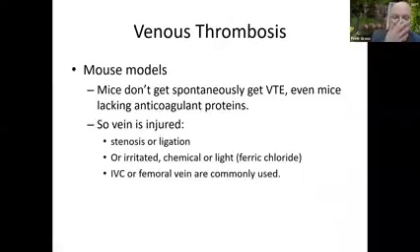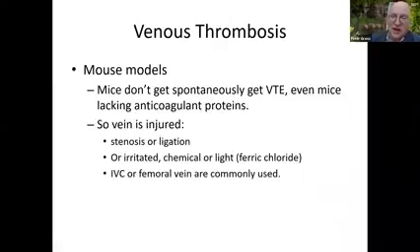All right. So what about venous thrombosis? We can't do this without talking about mouse models of venous thrombosis, which is one of my pet topics. So mice don't get venous thrombosis, okay, spontaneously.